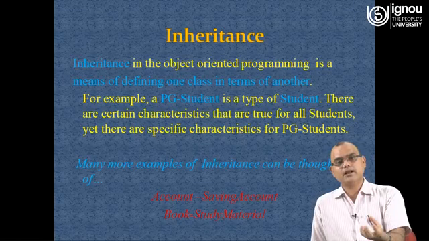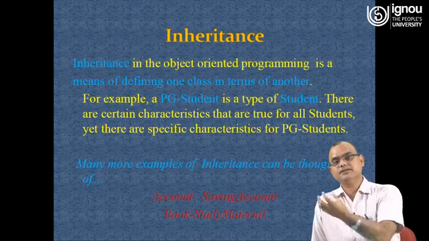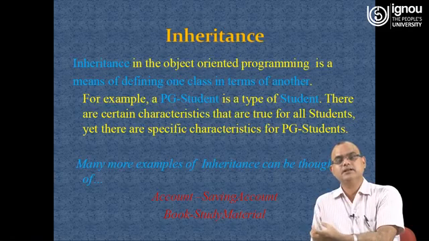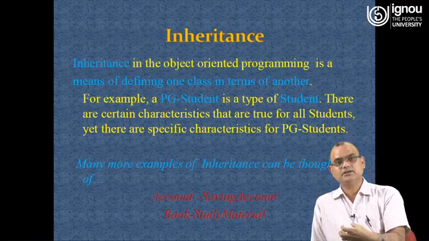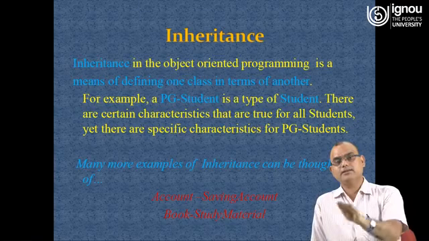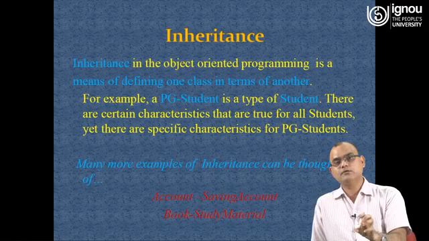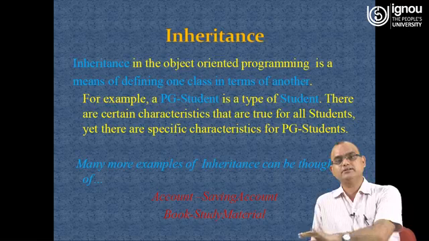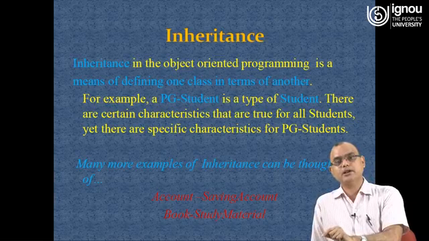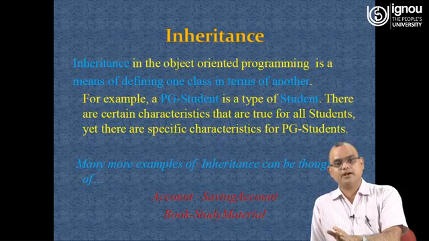From that account class we derive special types of account class, let us say saving account, current account, fixed deposit. These are all different types of account class, and they use the existing code of the account class. In addition to that, they extend it or write some additional code to make it specific to their own requirement.